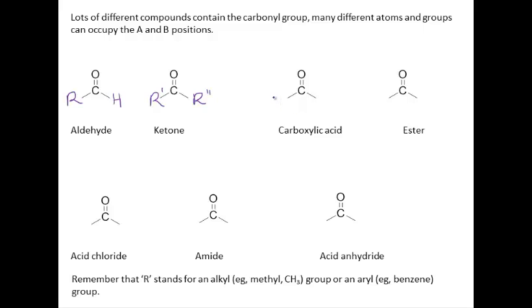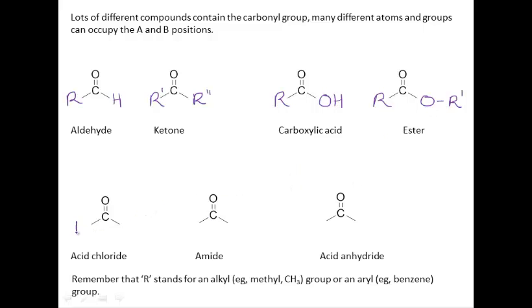For a carboxylic acid, again, we have our R group, our carbonyl group, and then the other group is an OH. For an ester, again, here's our R group, then we have our carbonyl group, then we have an oxygen, and then we have another R group. Again, it could be the same or it could be different.